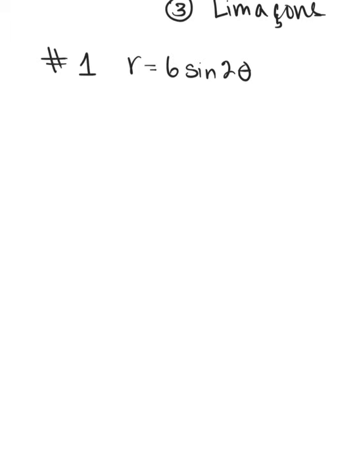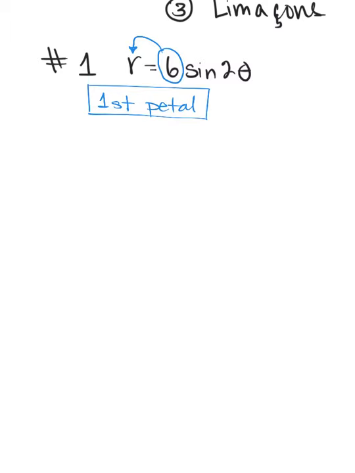Okay, so I always want to figure out the location of my first petal. That's the first thing I do. Where is the first petal located? In order to do that, I take the coefficient of the trig function and replace r with that, because that's the length of my first petal.